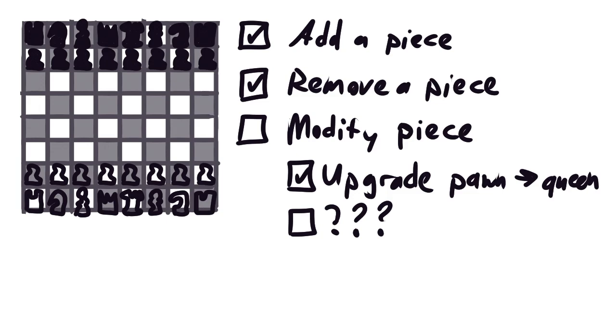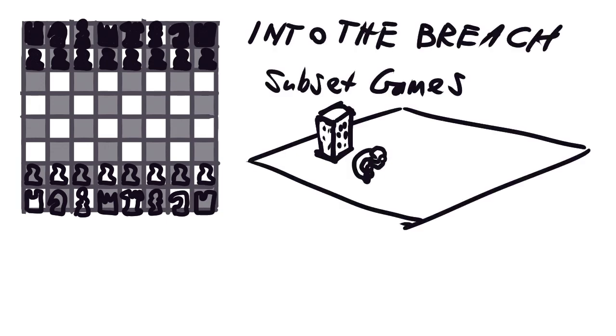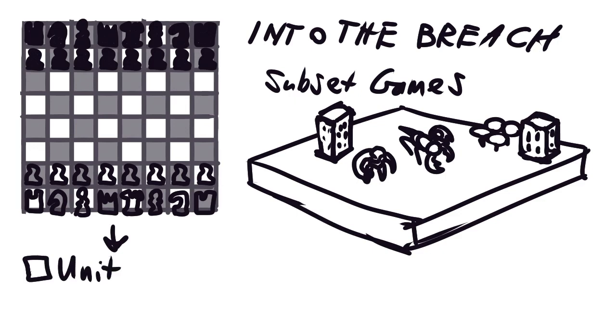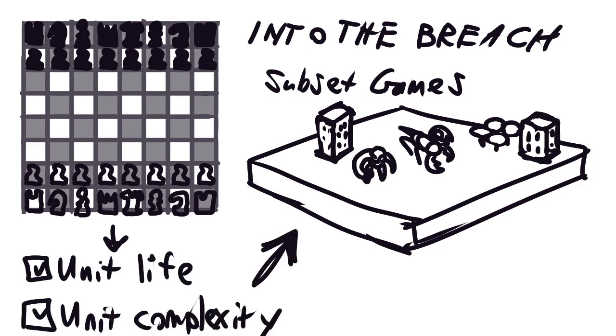So you better, if you don't know it, at least go watch a trailer for it. It's Into the Breach. This is by Subset Games, who also made FTL, the classic space battle exploration game, which is really good.